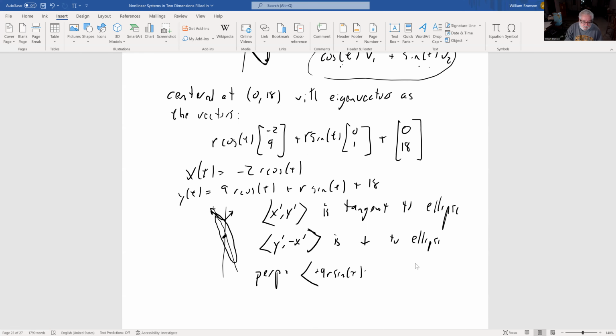Oops, it's a plus because that was a cos. No, that's right. Derivative of cosine is minus sine, plus r cosine t. And minus x prime would give me, let's actually make this minus y prime plus x prime. That would make this plus, this a minus, and the derivative of minus 2r cosine t becomes plus 2r sine t.